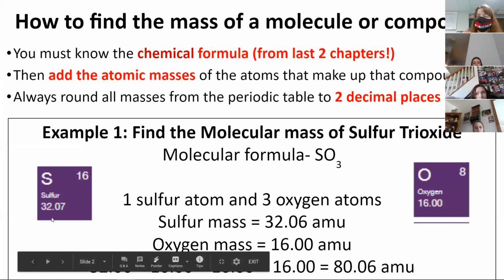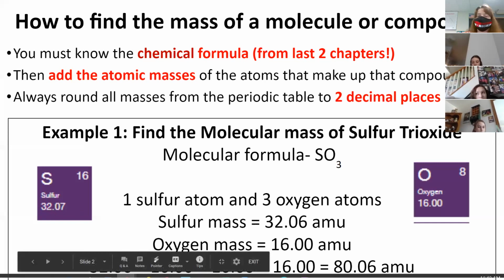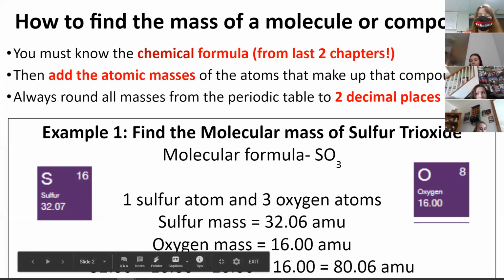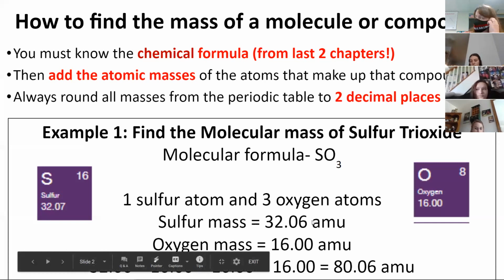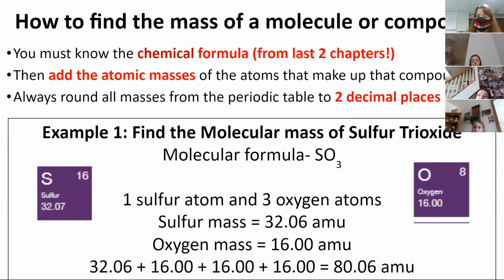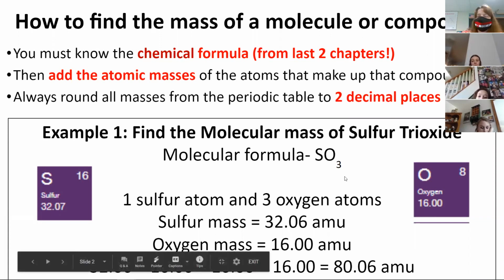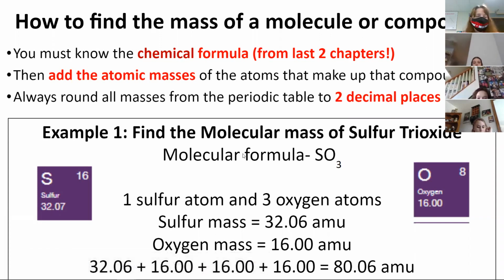So sulfur here is already written to 2 decimal places, 32.07. Okay, so you would record it exactly as that. The periodic table I used was 0.06, which is why it shows different here. Oxygen, again, even though it's 16, you need to record it to 2 decimal places, 16.00. All right, so moving forward, anytime you get a mass off the periodic table, go to 2 decimal places.